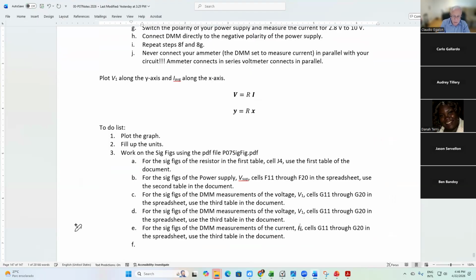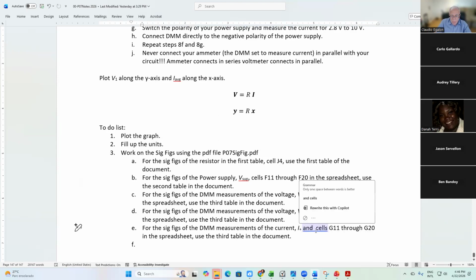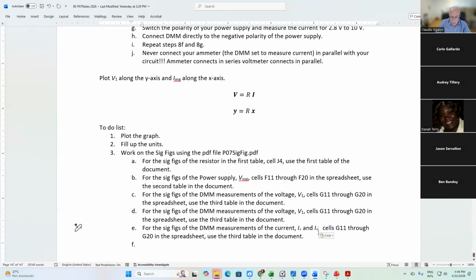I plus and I minus, which are cells H11 through I20, right?